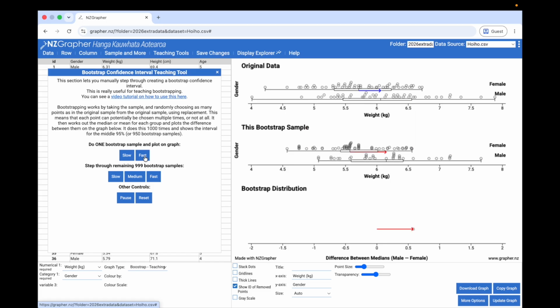Then we work out the median of the two groups, we find the difference, and we plot that down the bottom. We're going to do that 1,000 times. So we're working out the median for the females, the median for the males, and then plotting the difference on the graph down the bottom. I'm going to do that fast now because we would like to go through all 1,000 of them.